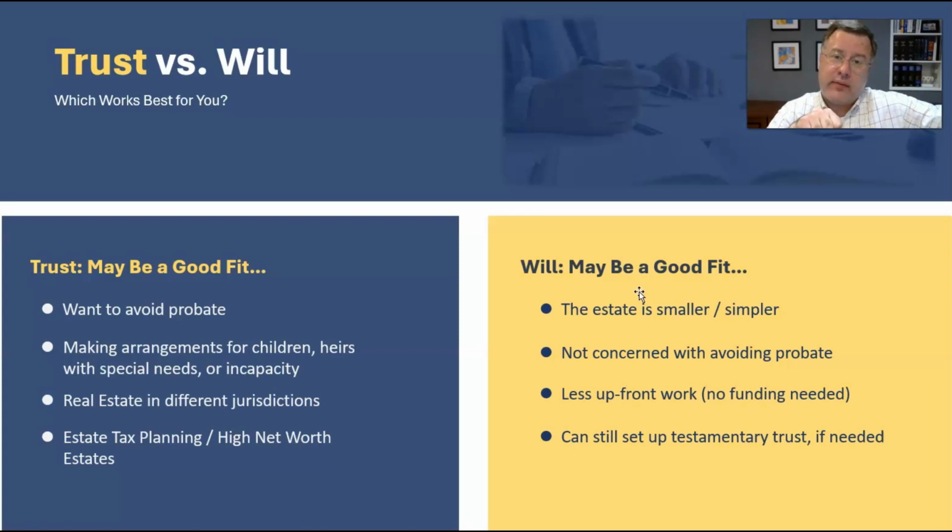We might also have to do a probate procedure in Maryland to deal with the Maryland home. That's called ancillary probate. So what I tell clients is oftentimes one of the benefits of a trust is avoiding probate. We may really want to avoid probate if we have different real estate holdings in different jurisdictions.